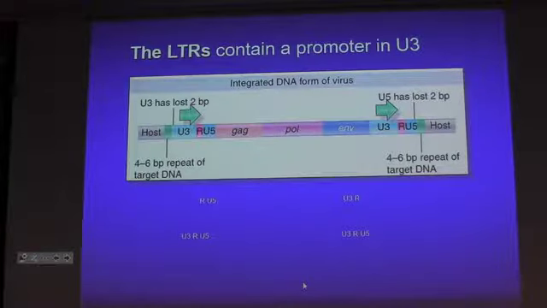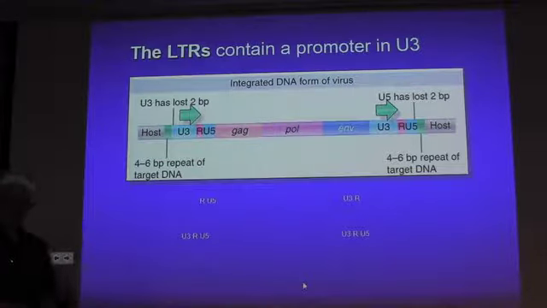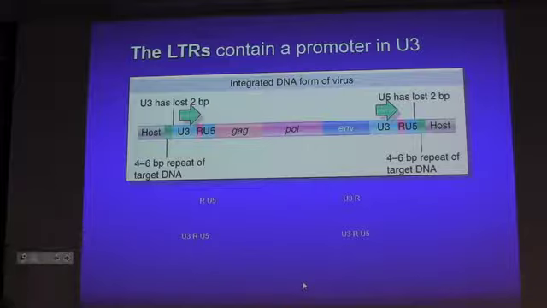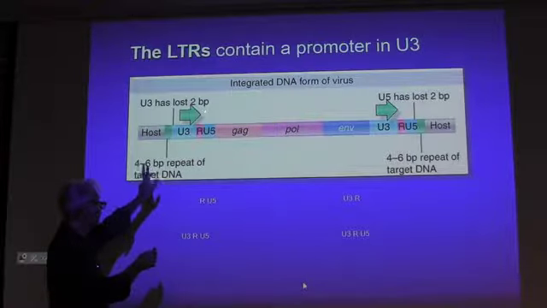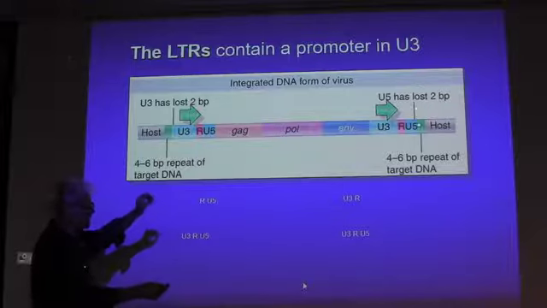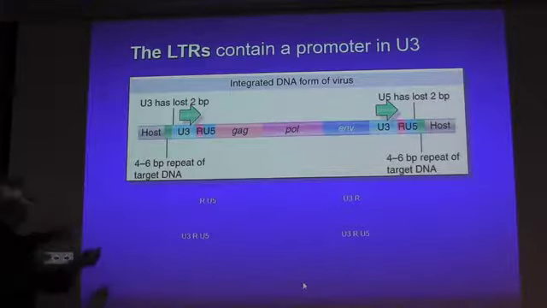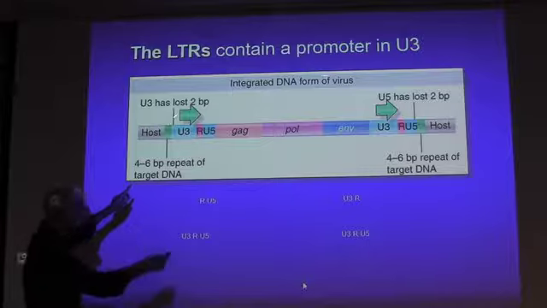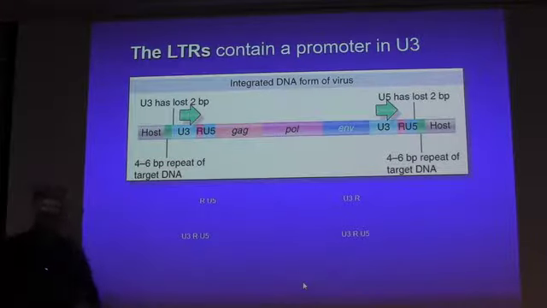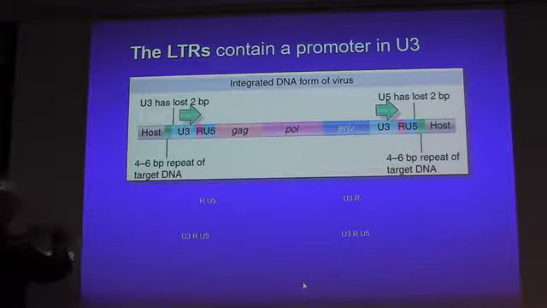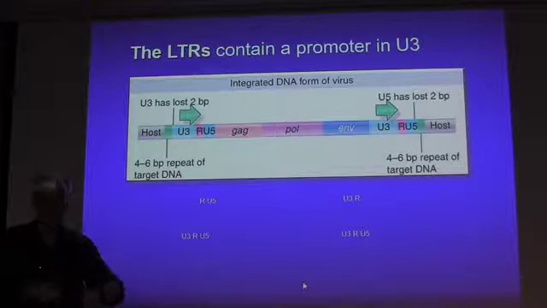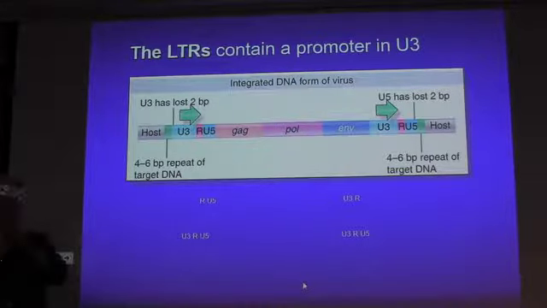Which enzyme did that? The integrase itself, in preparing the linear double-stranded retrotransposon for insertion. And notice these repeat elements here, U3, R, U5, U3, R, U5. Everything is complete, right? Right here on either side, you have a 4 to 6 base pair direct repeat, and this is like all transposons because the target site is cut, and it's a staggered cut.